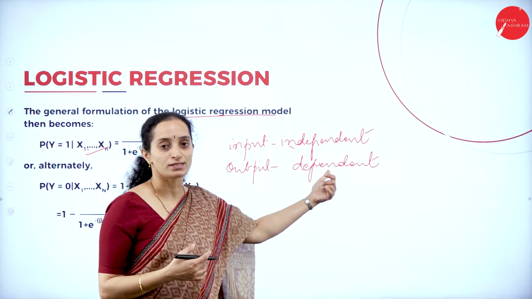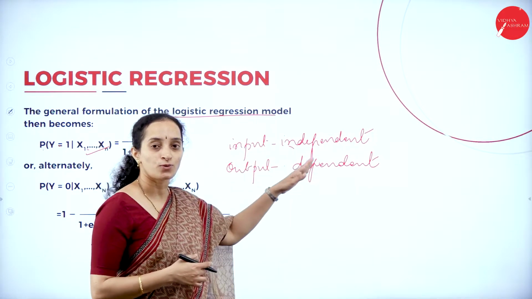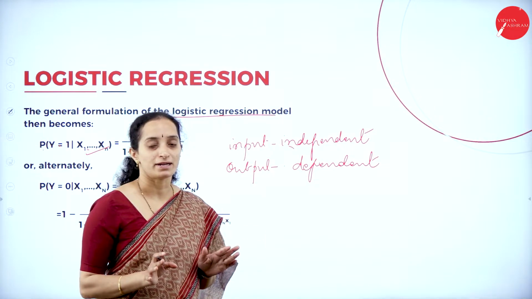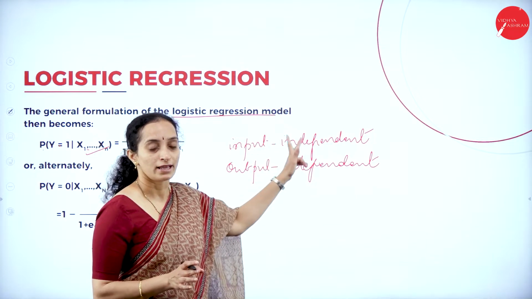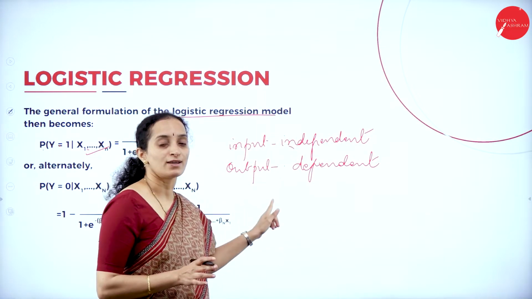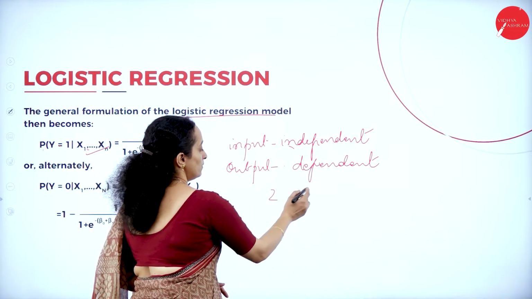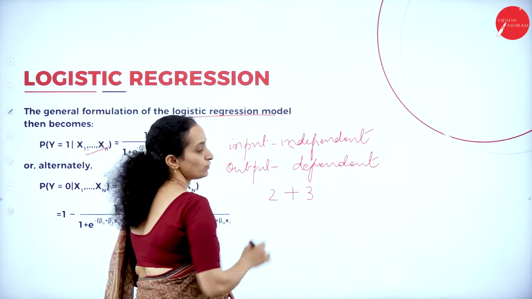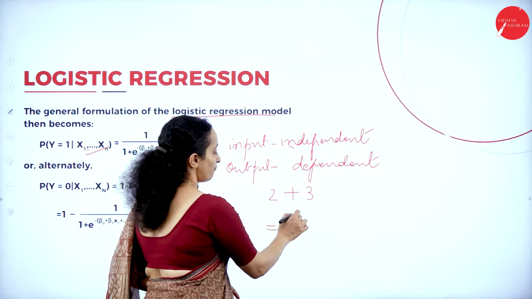If 2 plus 2 is given, the result will become 4, isn't it? 2 and 2 are independent variables. They don't depend on anybody, isn't it? But the result 4 depends on the input variables 2 and 2 and the operator that we have given. If it is 2 and 3 and you use the plus operator, the output will become 5.